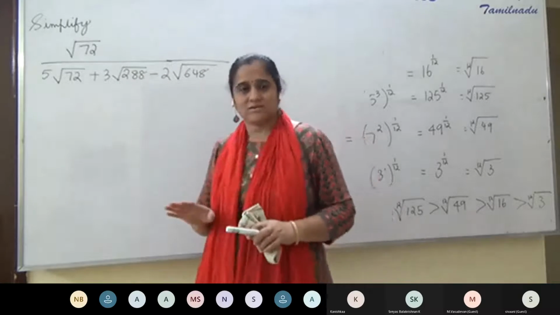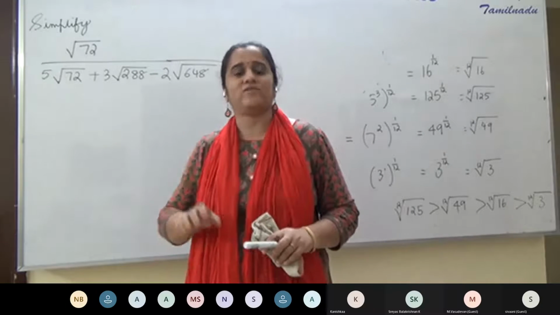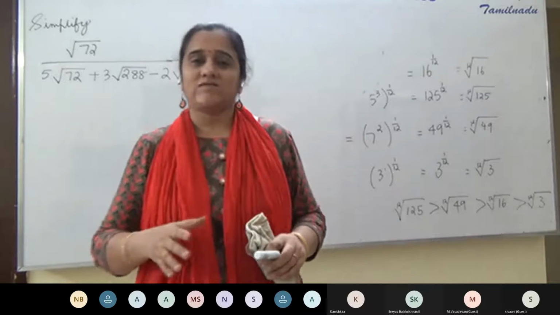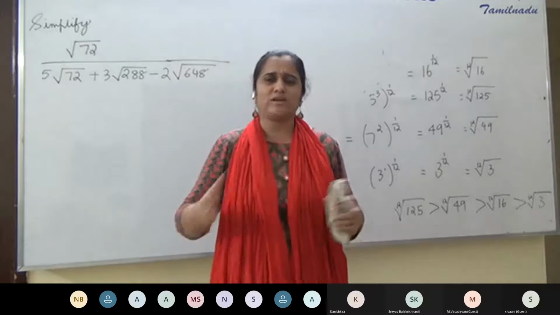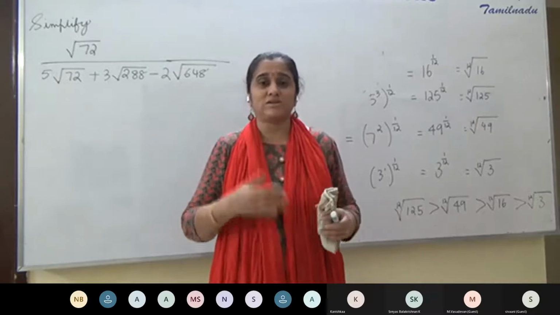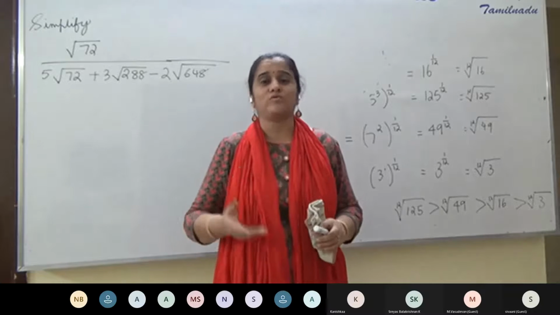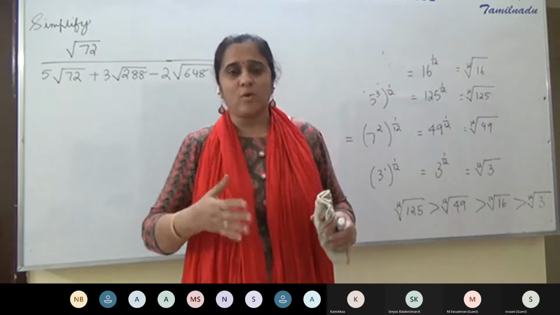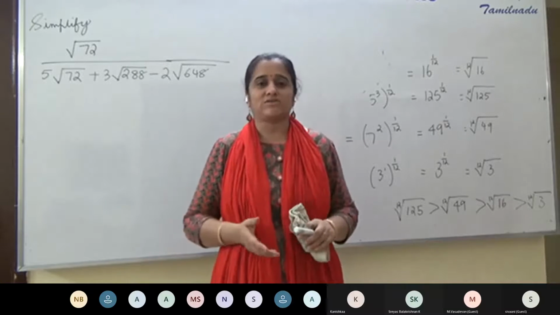The rule is, if any surd can be expressed as a mixed surd, we should do that first. Like we have this BODMAS rule. When in a simplification you find division, addition, subtraction, multiplication, there is this rule which tells us what to do first: brackets and then OF, division, multiplication, addition, and subtraction.